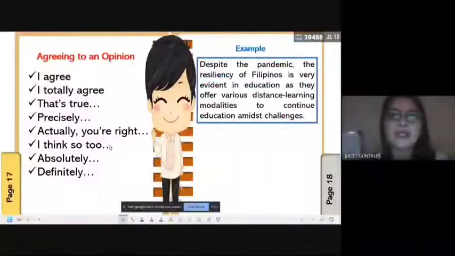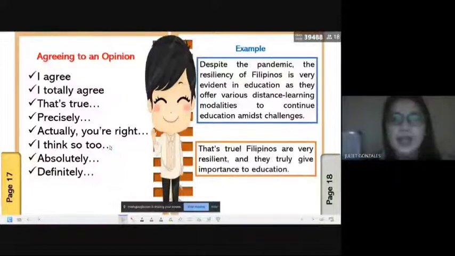Example, this is an opinion of a person: despite the pandemic, the resiliency of Filipinos is very evident in education, as they offer various distance learning modalities to continue education amidst challenges. Then this is the response. This is one way of agreeing to that particular opinion. That's true. Filipinos are very resilient, very flexible, and they truly give importance to education.